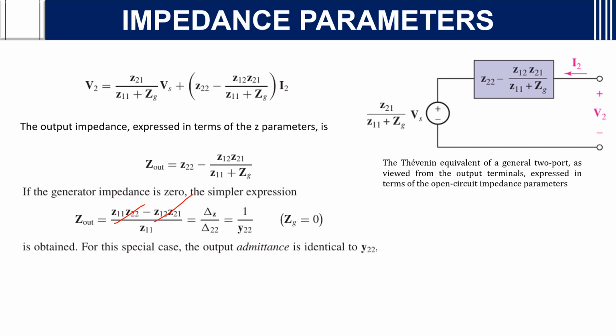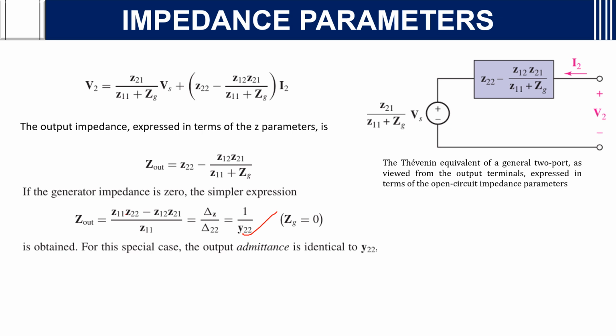You know that this is nothing but delta Z by Z11. Delta Z by Z11 means what? Delta 22. Z11, when you eliminate second row, second column, you get Z11. So you can write as delta 22. Delta Z by delta 22 means what? 1 by Y22.